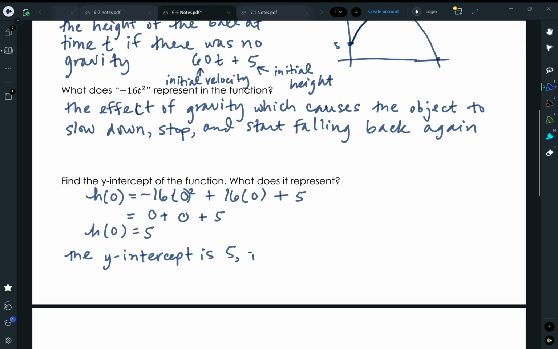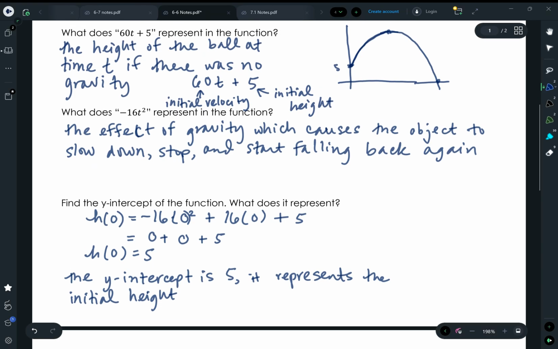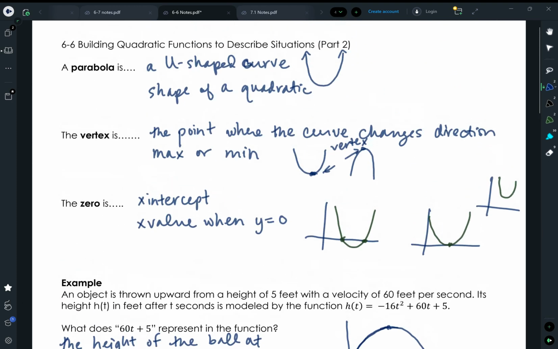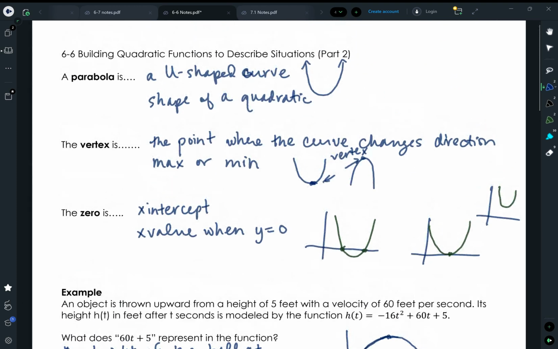It represents the initial height. And I told you that up above too. So we are looking at, you'll often hear this called projectile motion, but we are looking at a very simplified form of it. If you were to actually go and look up projectile motion somewhere, you're going to find that the formula is a little bit different.